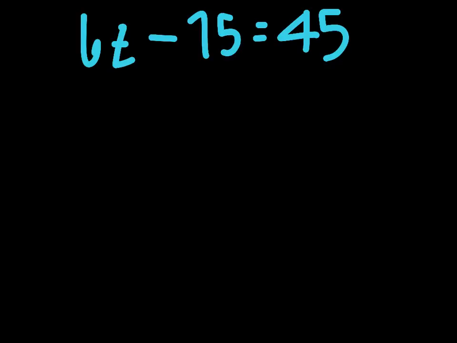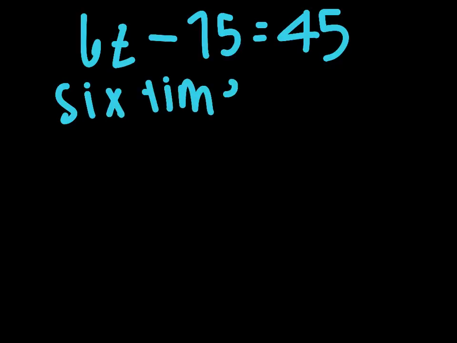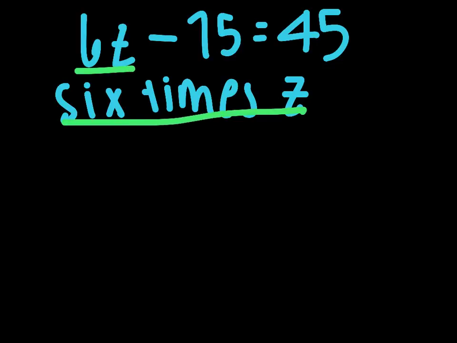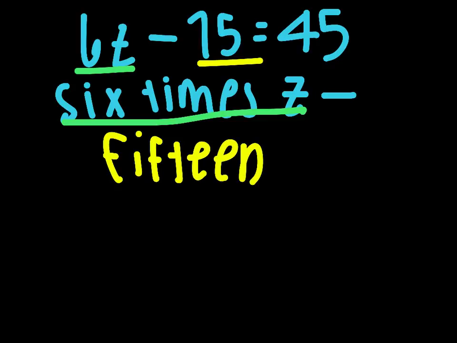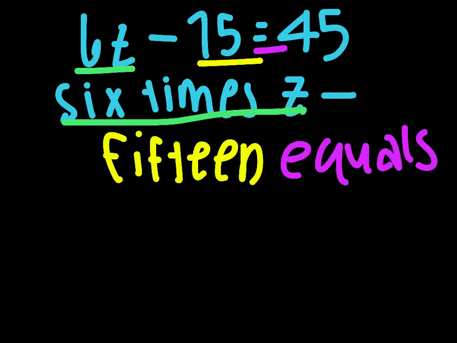Alright, so let's translate each of these equations into a sentence. So it says 6z minus 15 equals 45. So the way we can translate this is put 6 times z, so that's this part, okay, minus 15 equals 45.